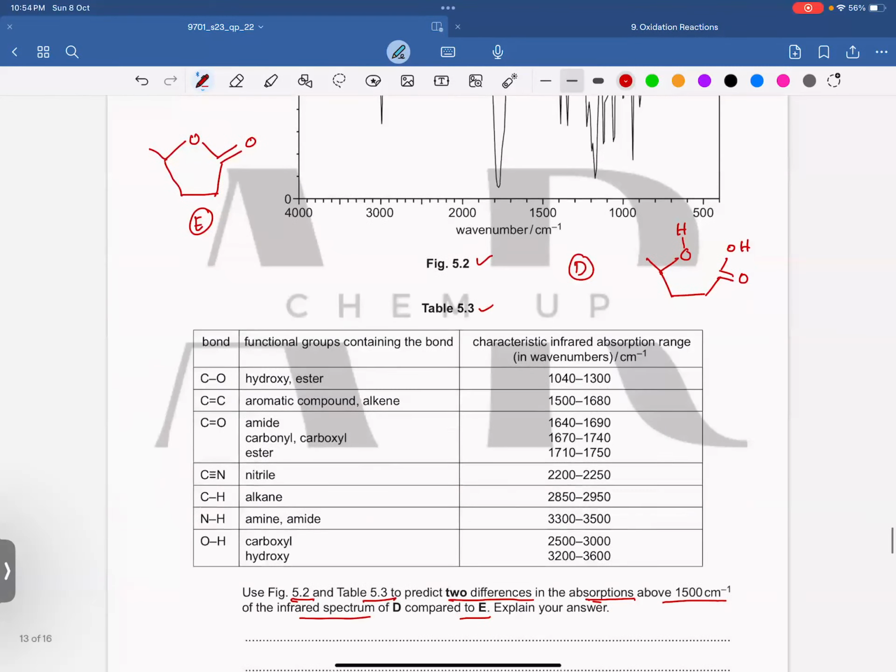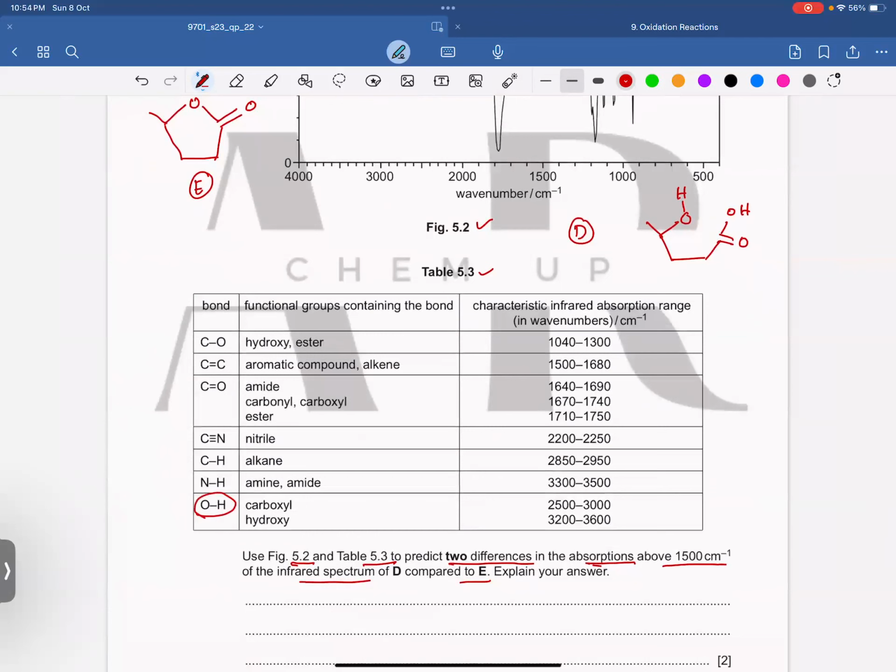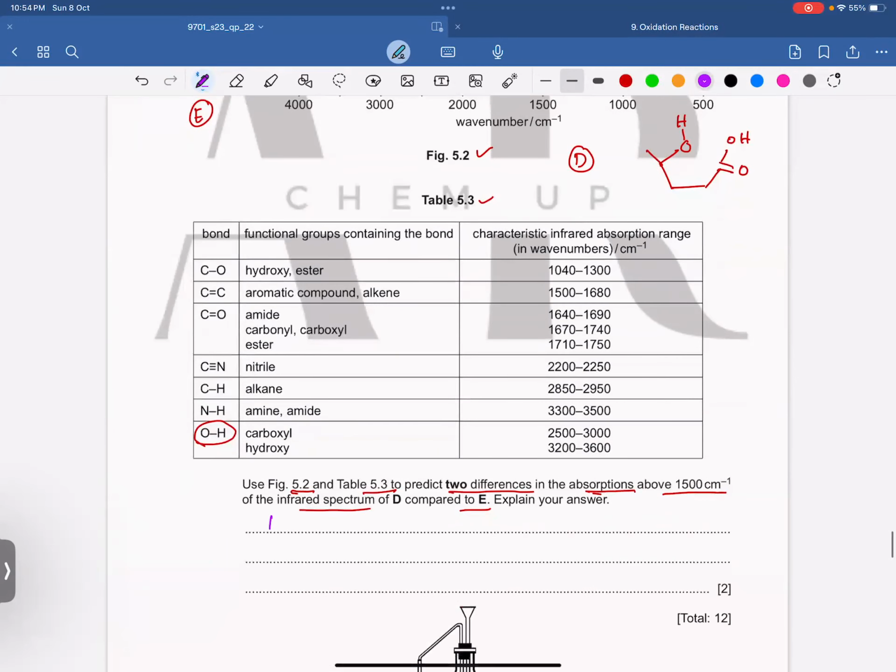Okay, so one will be the signal of OH, right? Because OH is not in E but in D. So we will write OH of carboxyl, but actually we have alcohol as well, and of hydroxyl. So we got the two differences over here.